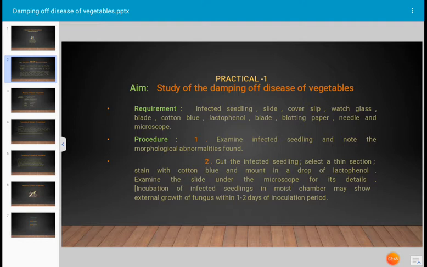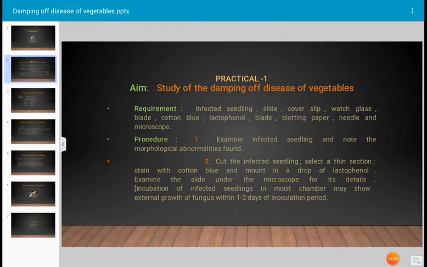Then you take a seedling which we have kept ready, washed with water and HgCl2 solution. Cut a small piece of the seedling and keep it on the media amended plate. Close the plate and keep it at room temperature. This phenomenon is known as incubation.